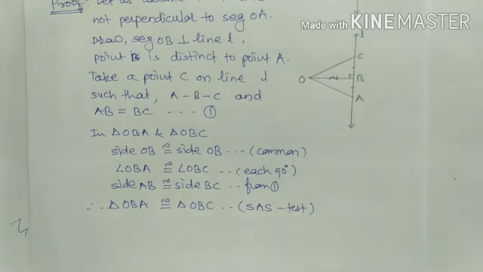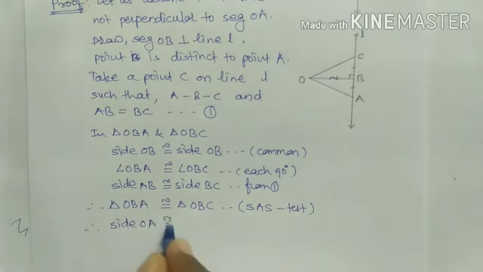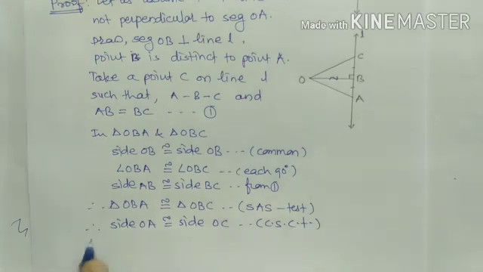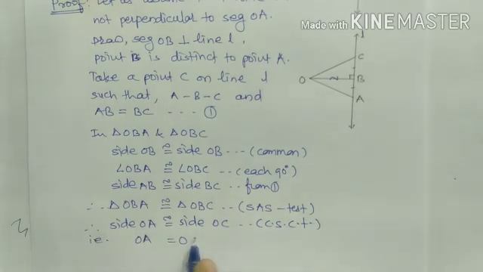As these two triangles are congruent, therefore side OA is congruent to side OC, corresponding sides of congruent triangles, that is OA equals OC.